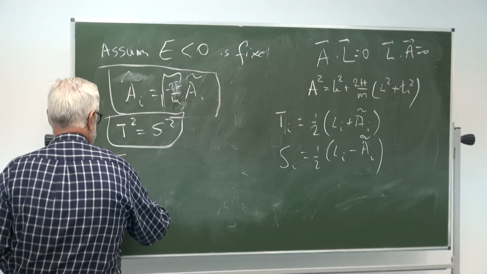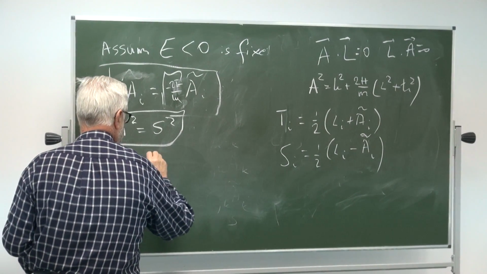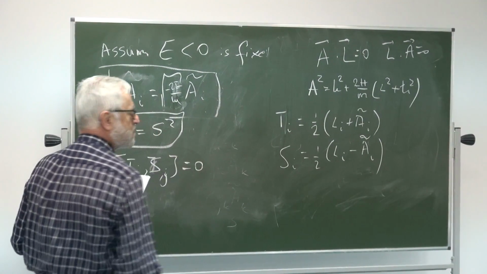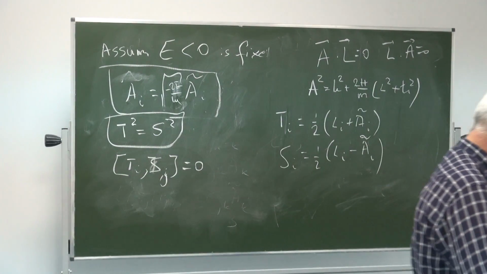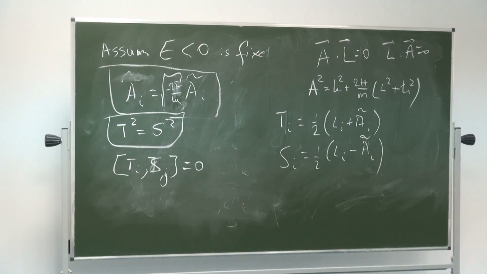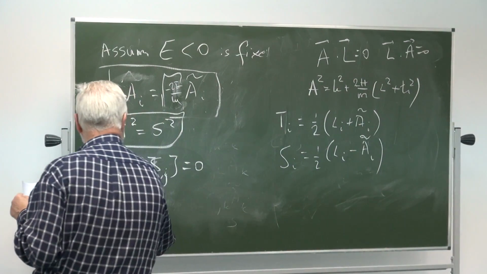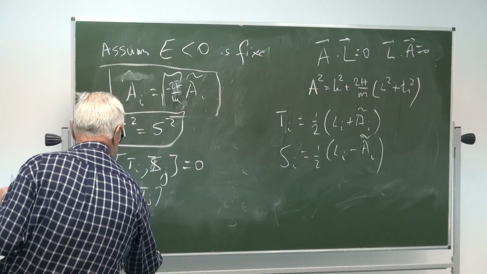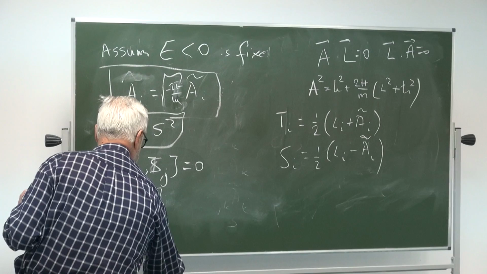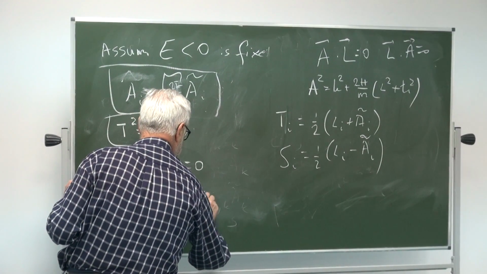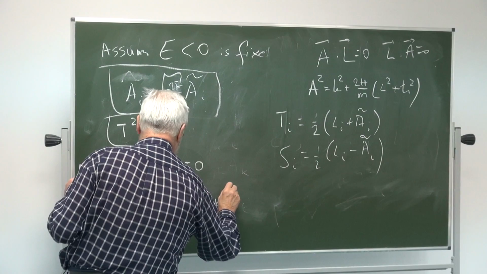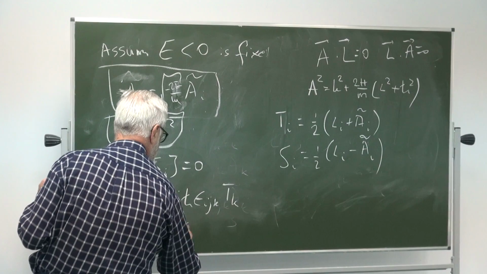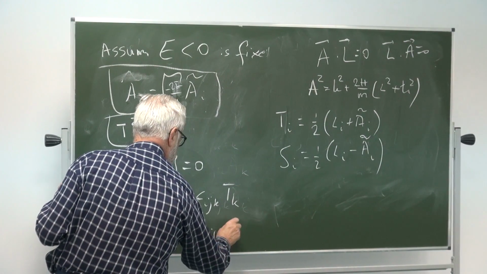Now, it is also very simple to check that these guys are completely independent. So they commute. And that both T_i, T_j, as well as S_i, S_j is simply i h bar epsilon_ijk T_k, and this is i h bar epsilon_ijk S_k.